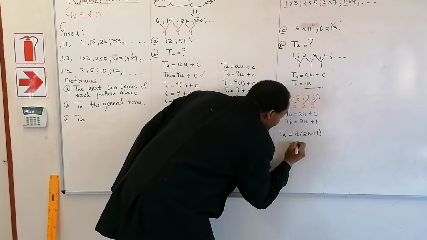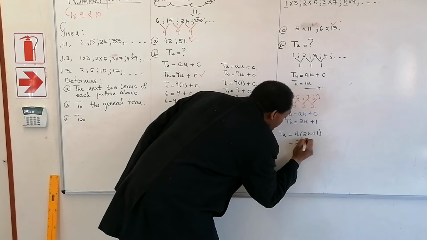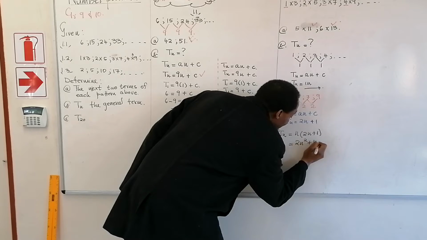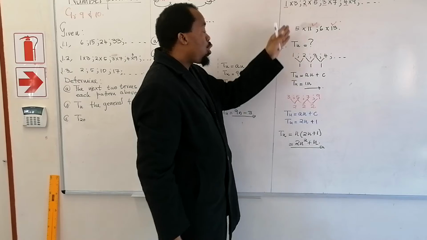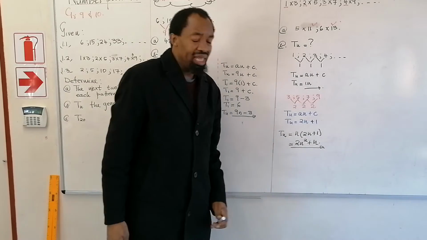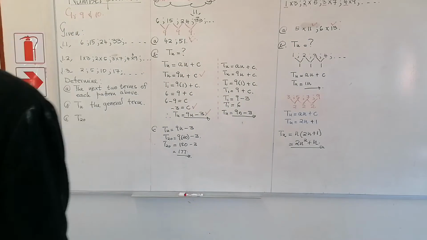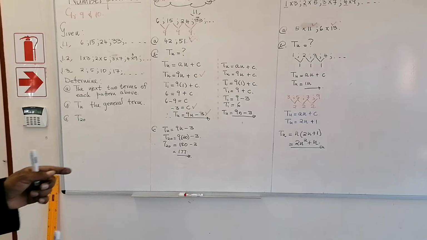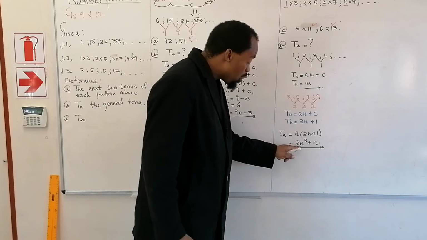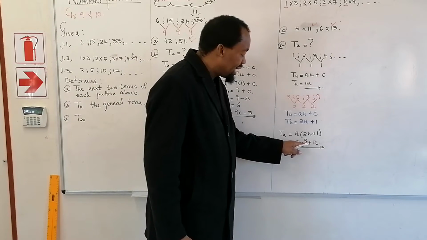Now I simplify this. I get 2n squared plus n. That means now, this is a quadratic pattern, which is defined by 2n squared plus n. Folks, I repeat again. I see 2n squared plus n.